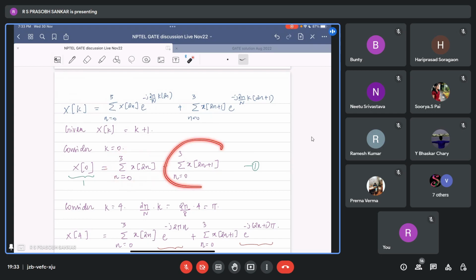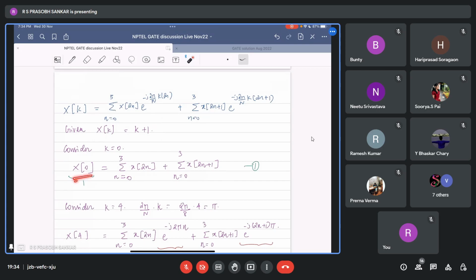This is what I want, and this I don't want. For x of 0, the value will be k plus 1, which will be 1 in this case. It's given in the question that x of k is k plus 1.